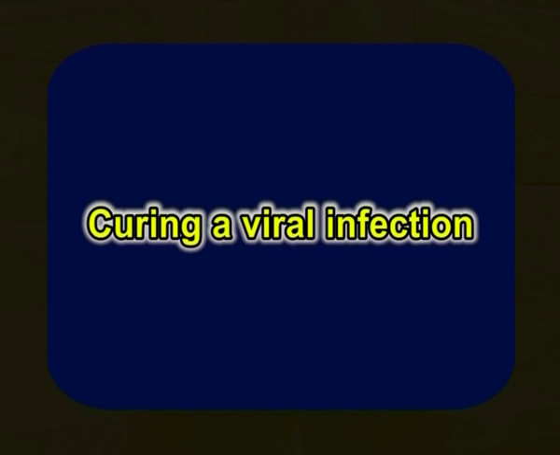How can we cure a viral infection? Just let's have a look into that. Antibiotics are useless against viral infections. This is because viruses are so simple that they use their host cells to perform their activities for them.